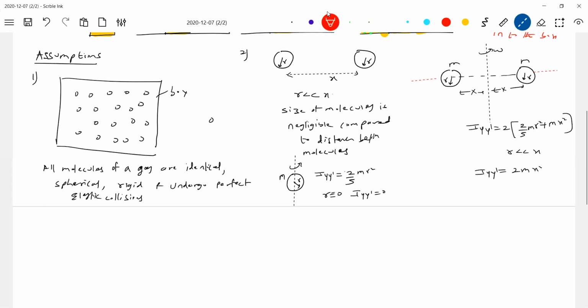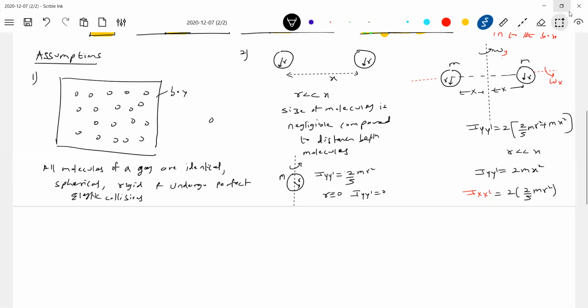Later on, I'll be using this very simple idea. What about xx'? Shall I put 0? Any reason for that? Anybody? I'll write the equation: 2 times 2/5 mR squared.